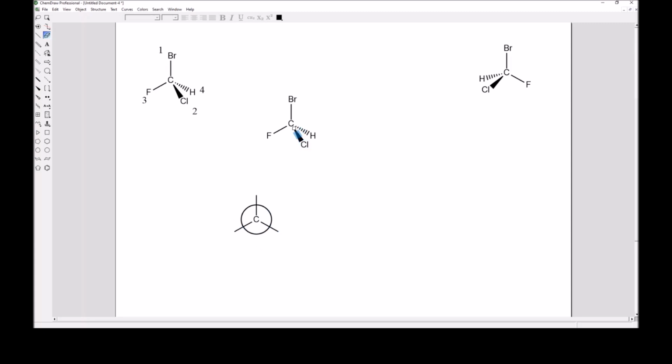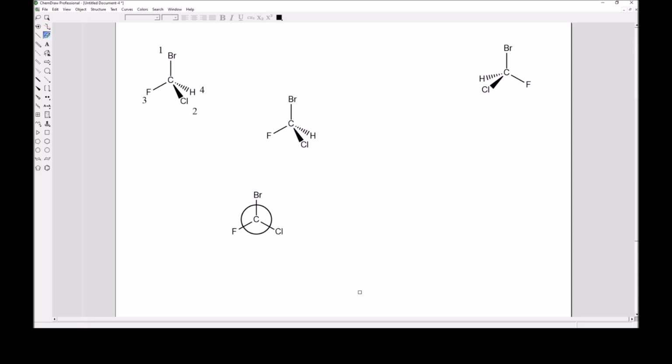And in order to get that perspective, if you're standing at your computer screen, just move your head up towards the upper left position of your computer screen and pretend like you're looking slightly down and to the right at this molecule. And when you do that, fluorine should be on your left hand, bromine should be coming straight up from that carbon, and the chlorine should be down and to the right.